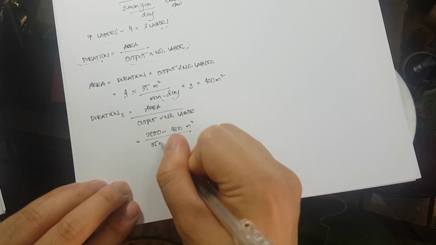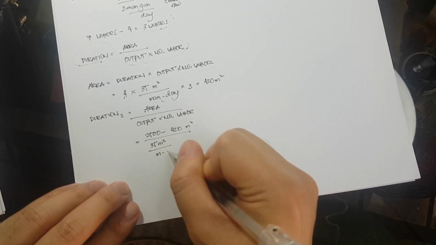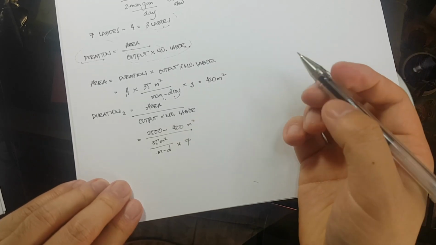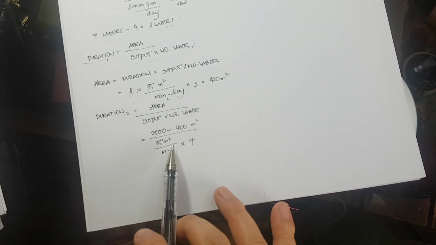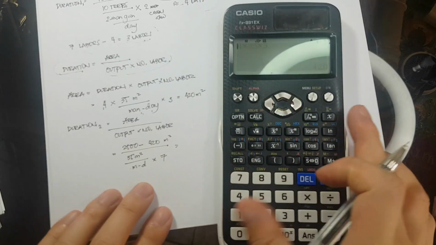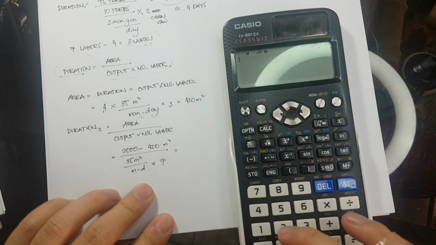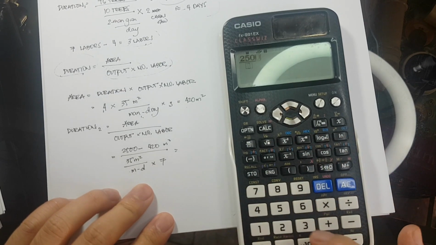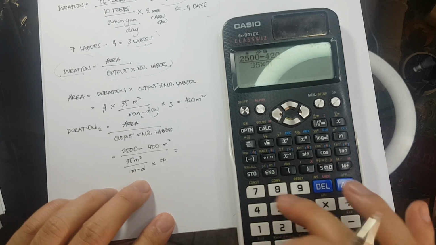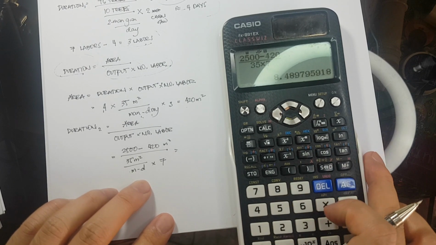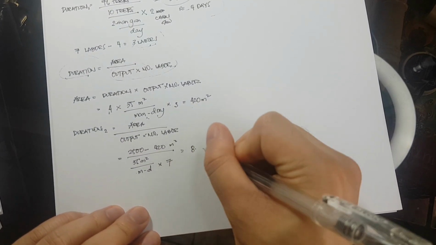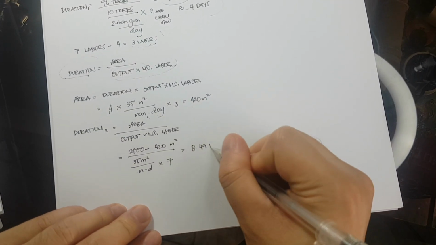So 35 square meters per man-day times ilan yung labor natin? We have 7. Okay, so 7 times yung output na 35. So we will be having 2,500 minus 420 divided by 35 times 7. And that is equivalent to 8.49. So, 8.49 days.